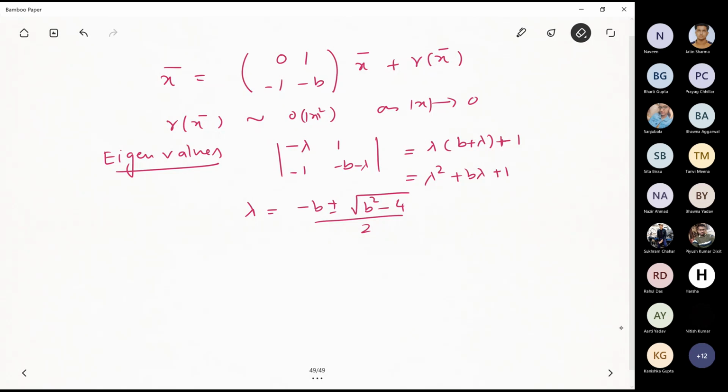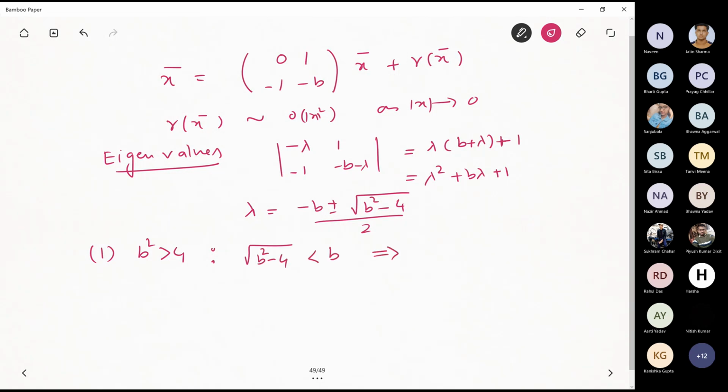Okay, so the first case is when b squared is greater than 4. So when b squared is greater than 4, the square root of b squared minus 4 is less than b.